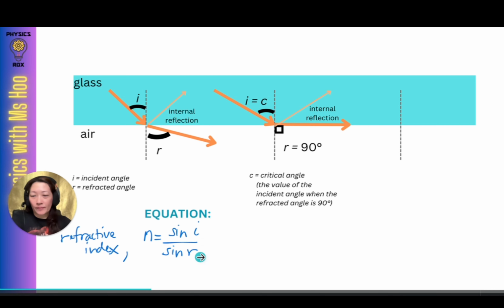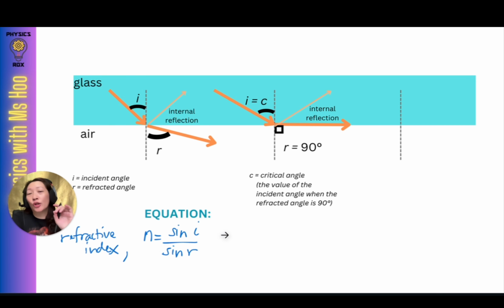However, this simplified formula only works for the situation where light is traveling from air or vacuum to the medium. For example, in this case, from air to glass. But as we can see from this diagram here, light is traveling from glass to air.